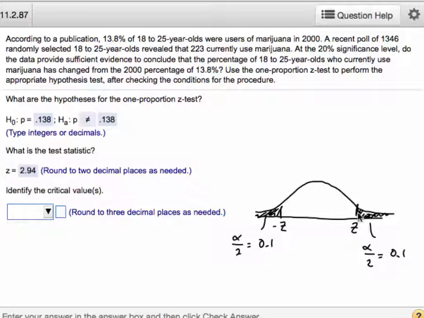If you wanted the positive z, you'd be looking at 0.9, all this area to the left of z, such that the right is 0.1. But if you looked at 0.1, you're going to get this value, which is -1.28. So z of alpha over 2 is plus or minus 1.28. You need 3 decimal places.